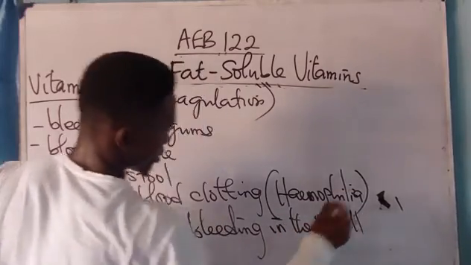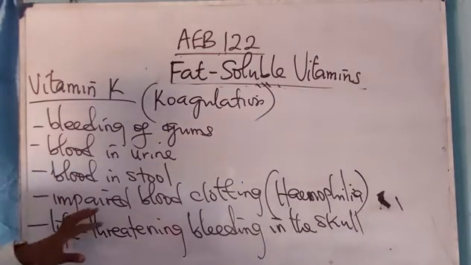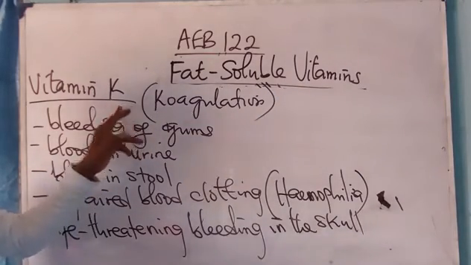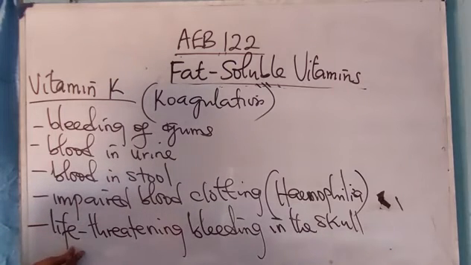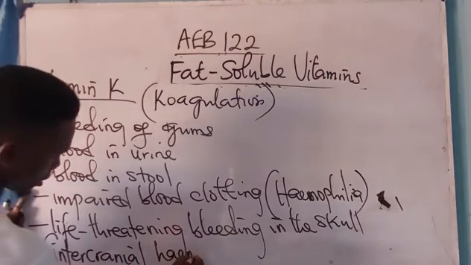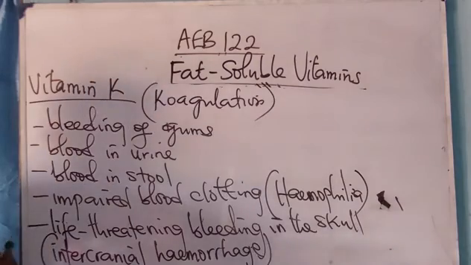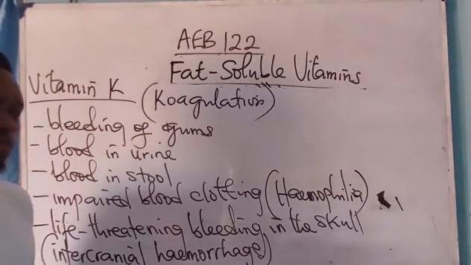Listen, I said lack of vitamin K in children or infants results in what? Life-threatening bleeding in the skull. And this is called what? Intracranial hemorrhage. This intracranial hemorrhage can lead to death instantly if not quickly what? Checked.